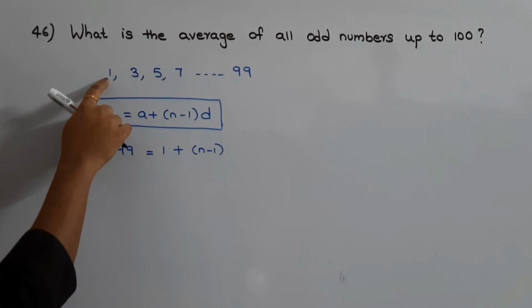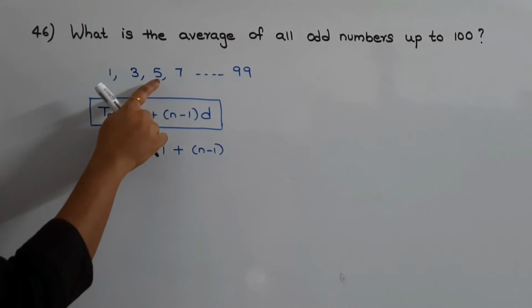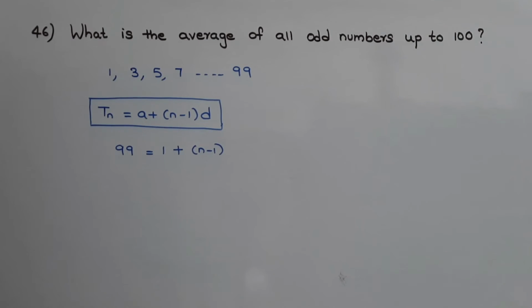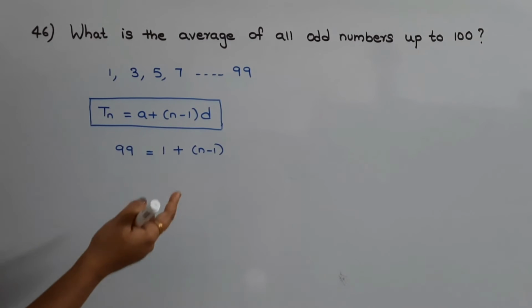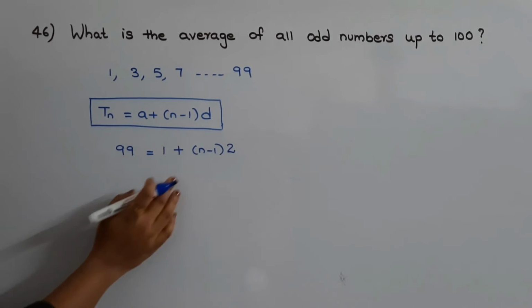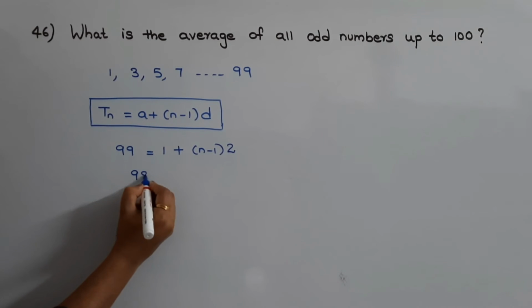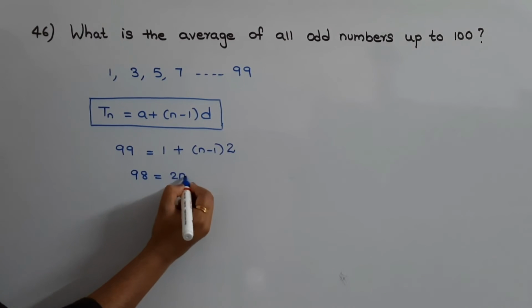So 3 minus 1 is 2, so that is the value of d. 5 minus 3 is 2. So the difference between the terms is 2, so d value is 2. Now on solving this equation we will get the value of n. So 98 is equal to 2n minus 2.